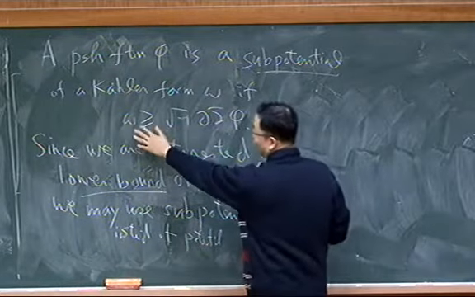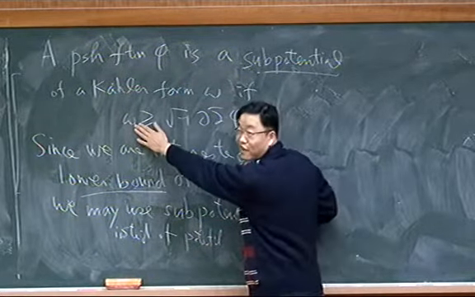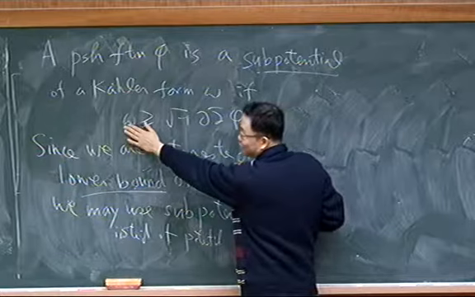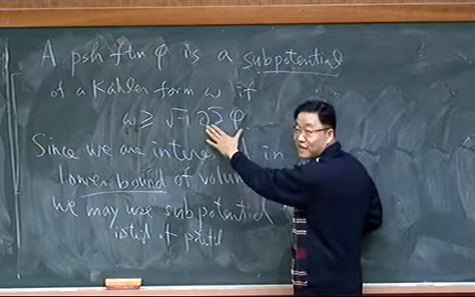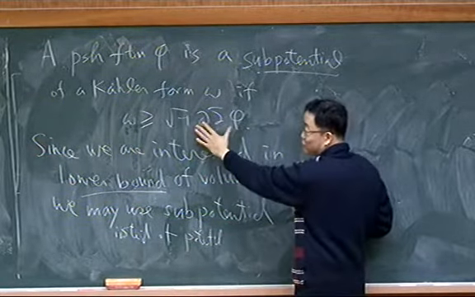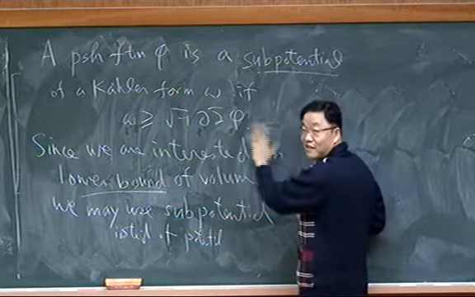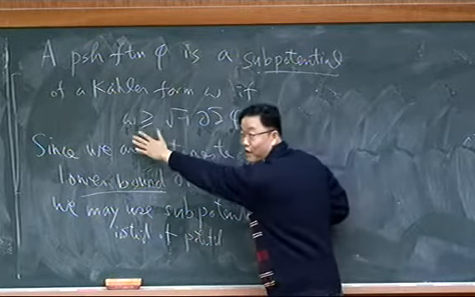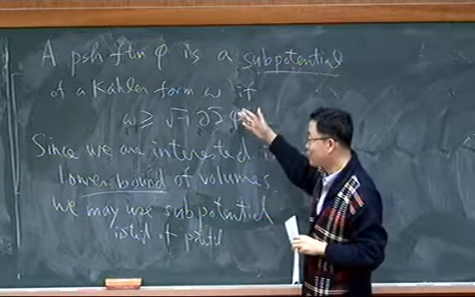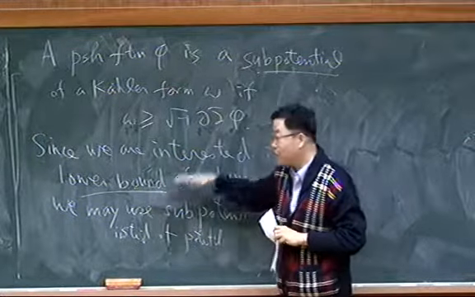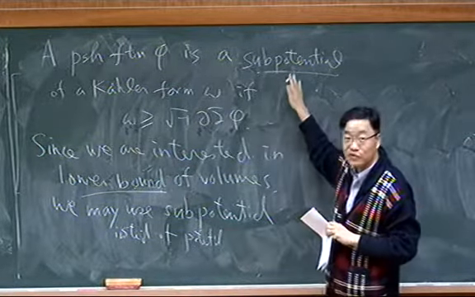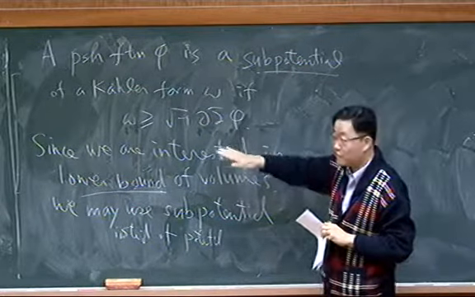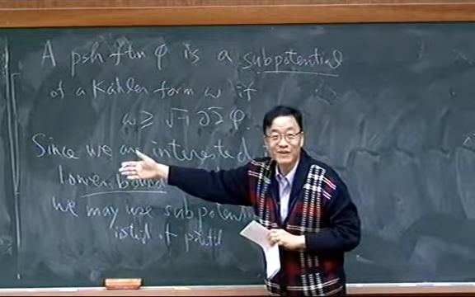Because to measure volume is integrating Kähler form. But instead of this Kähler form, let's integrate this. If we can prove a lower bound with respect to this, then you get a lower bound for omega. So to prove a lower bound for volume, it's okay to use subpotential instead of potential. That is how you avoid the difficulty.